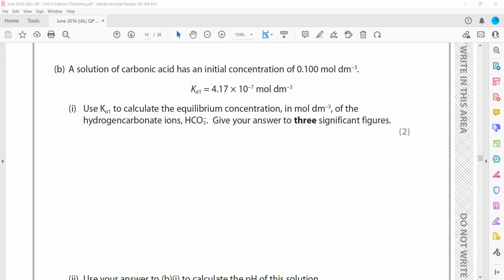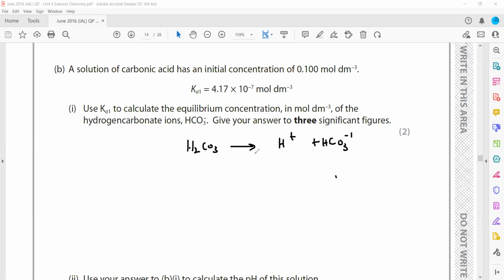So when we write the equation, because this was according to Ka1, H2CO3 dissociates into H+ and HCO3-, or H3O+ and HCO3-. That does not make a difference.